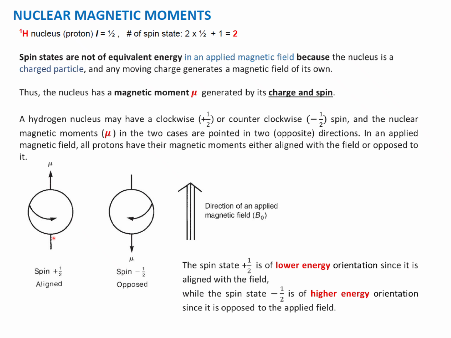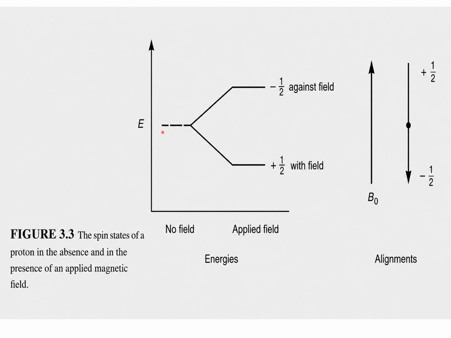So hydrogen has two states. If one spin rotates in one direction, then the negative spin would rotate in the opposite direction. This shows the case whenever no field is applied, then all of them are similar. But whenever an applied field is administered, you can see the energy separation, the level separation, plus half and minus half.